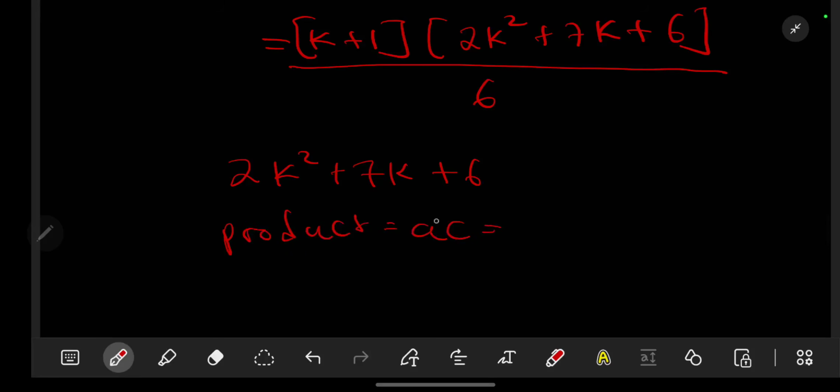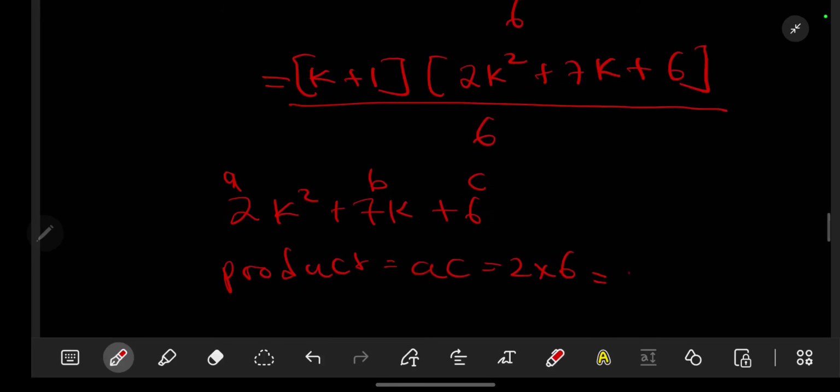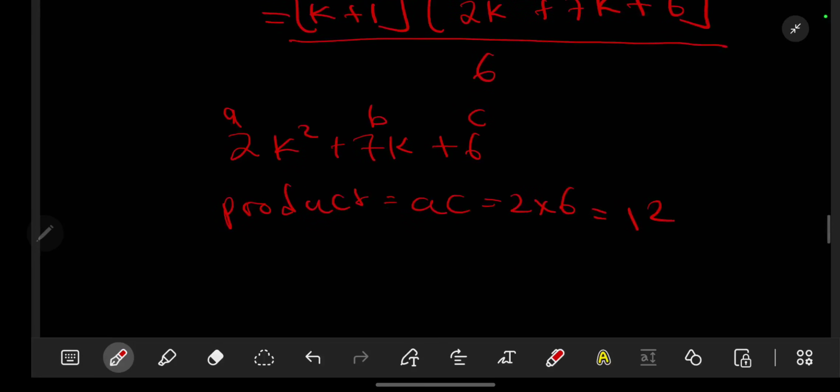A is this, C is this, B is the middle. AC will be equal to 2 by 6, which is 12. Then our sum should be equal to B, the coefficient there, which is 7.